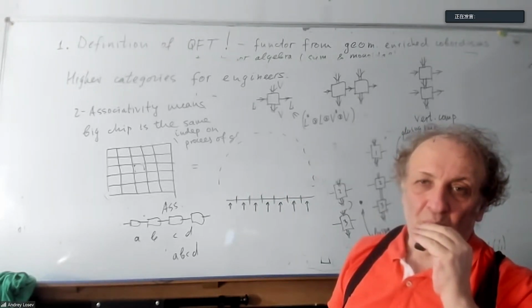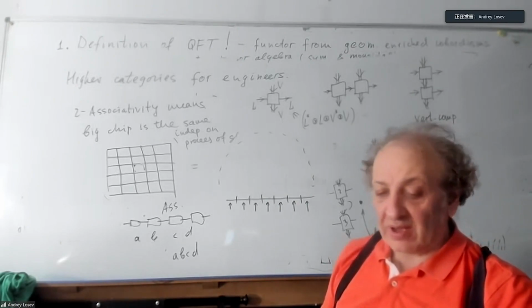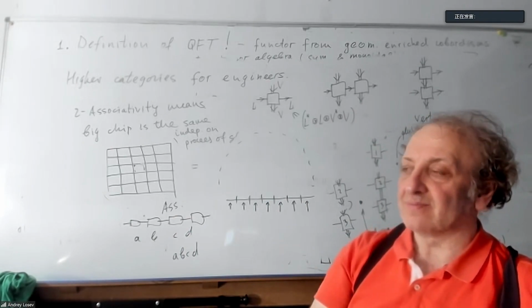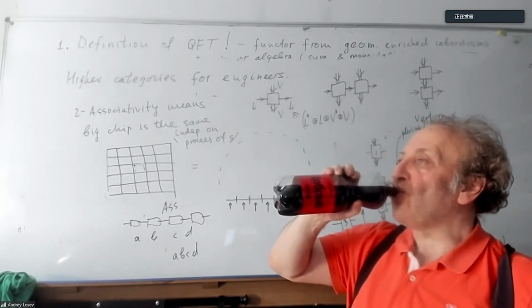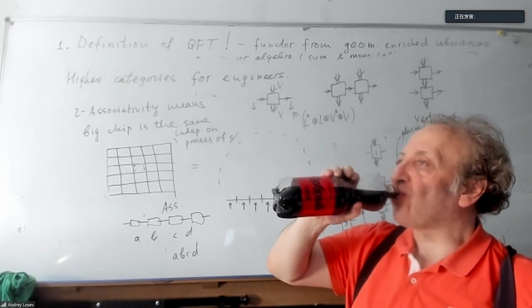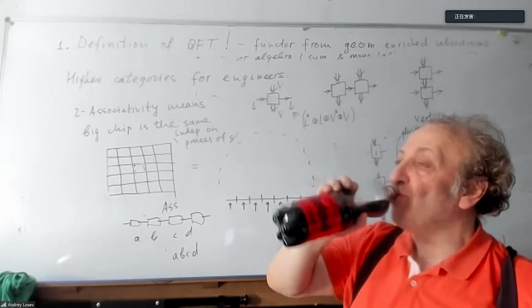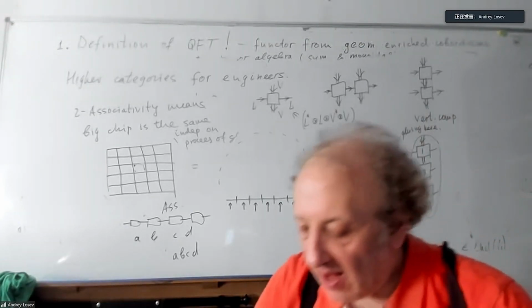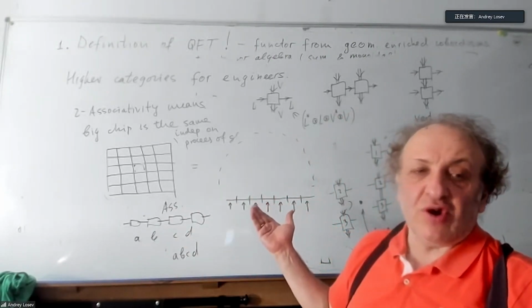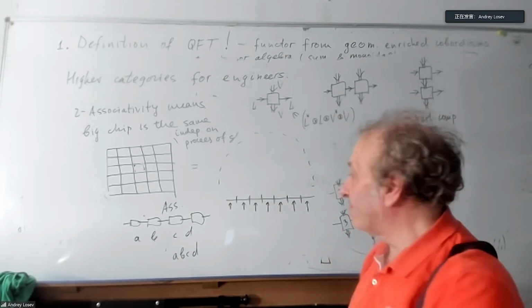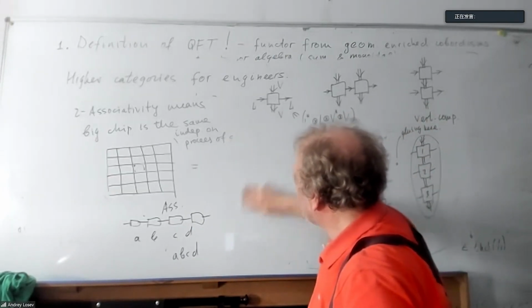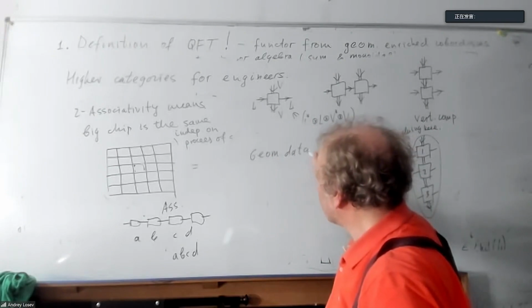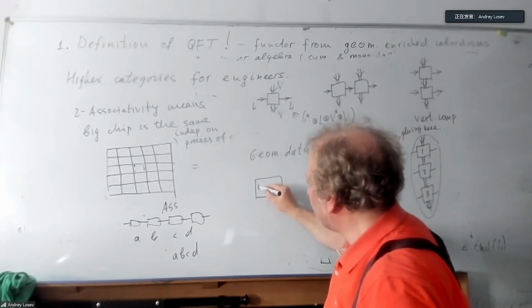Okay, and theory of triperators. Now geometrical data. If you have rectangles, they have two sizes, T1 and T2.